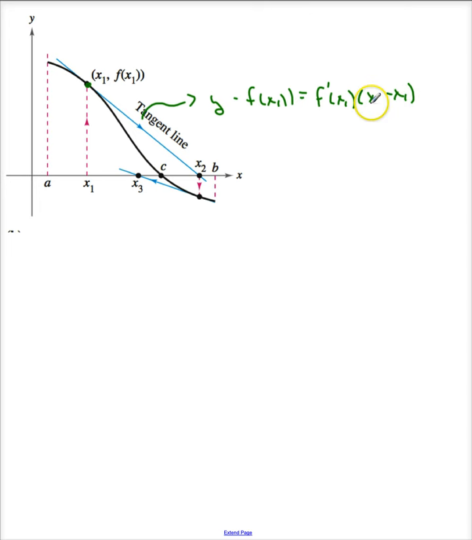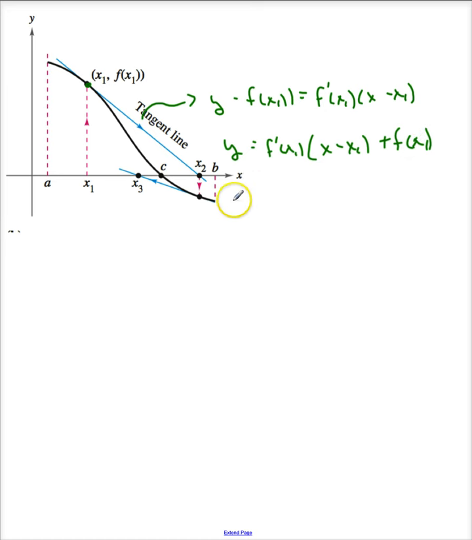So this is the tangent line approximation at this point. Let me solve this. Y is f prime at x1, so this is the slope, times x minus x1, plus the functional value at x1.